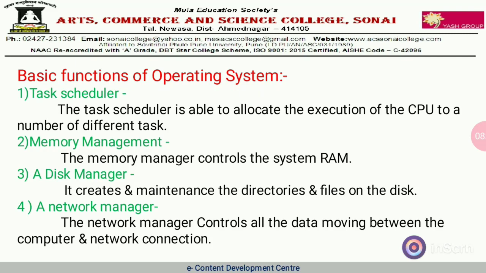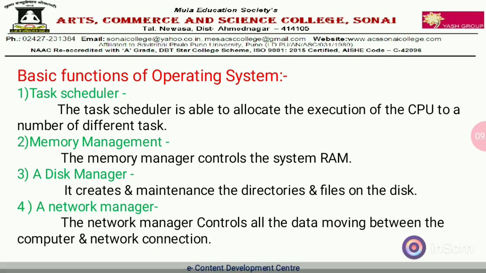Next point is basic functions of operating system. There are 6 basic functions of an operating system. First is the task scheduler. The task scheduler is able to allocate the execution of the CPU to a number of different tasks.